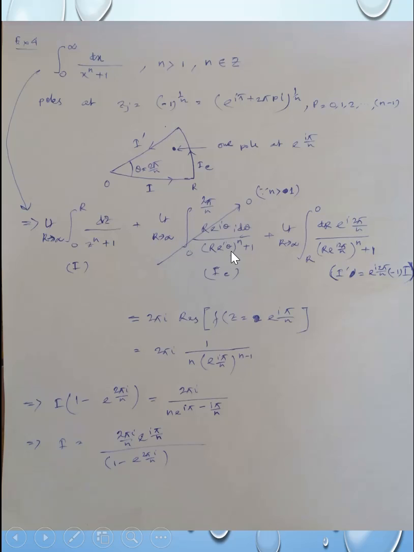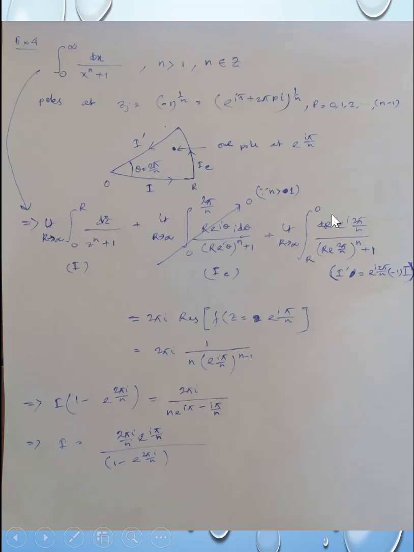In the previous one you have already done this. Next, I am considering I, because it is 0 to r, and also 0 to infinity with r tending to infinity, so you simply get this function and name it I.